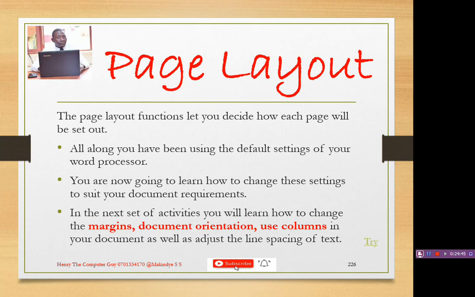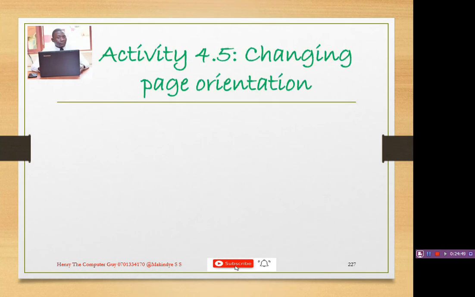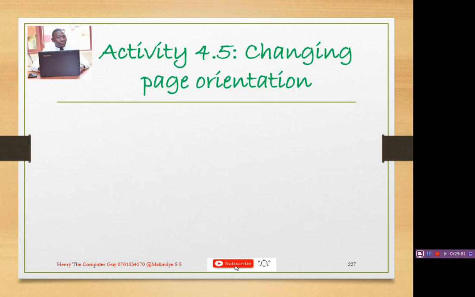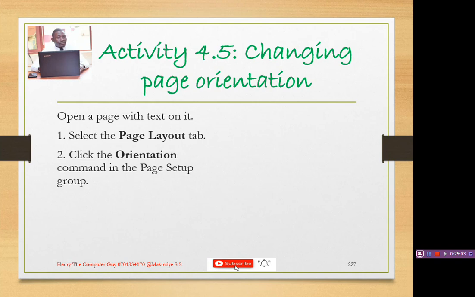We continue. And we have an activity, activity 4.5, changing the page orientation. They're telling us to open the page with the text on it, select the page layout tab, then click on the orientation command in the page setup group.